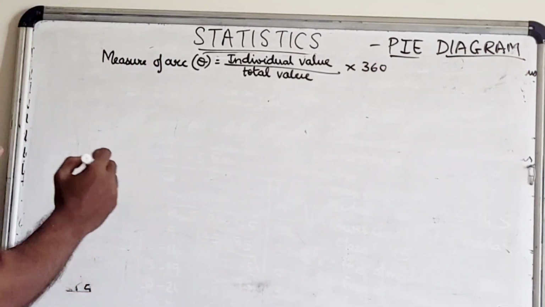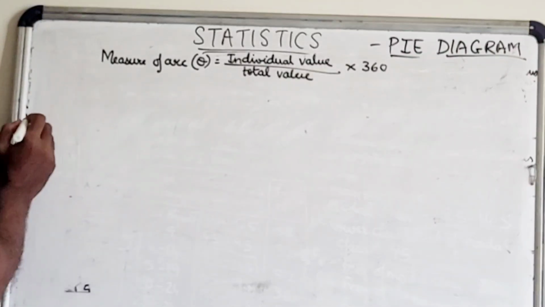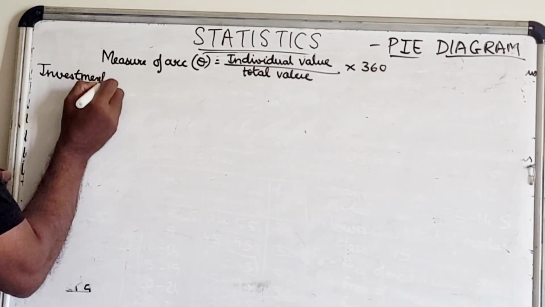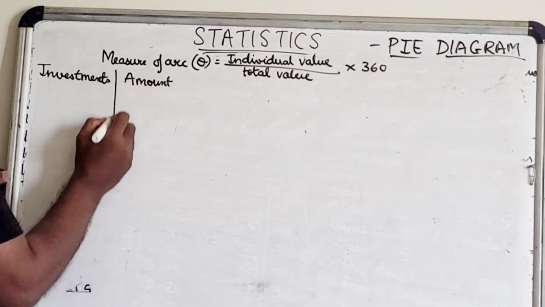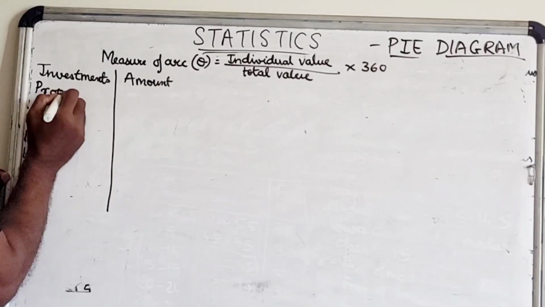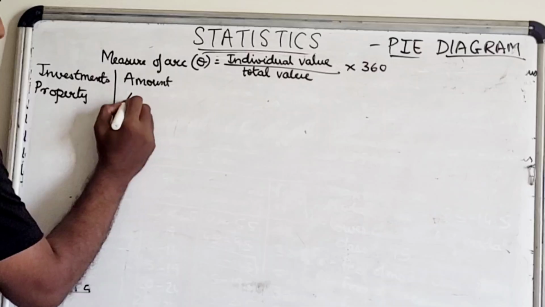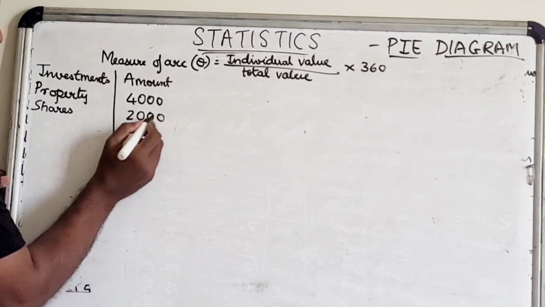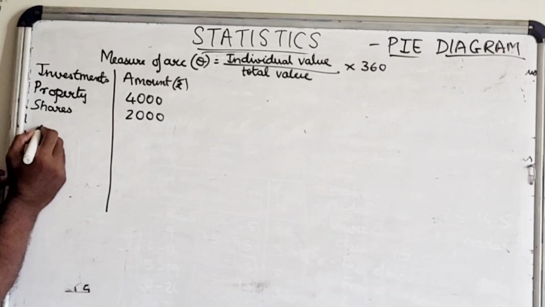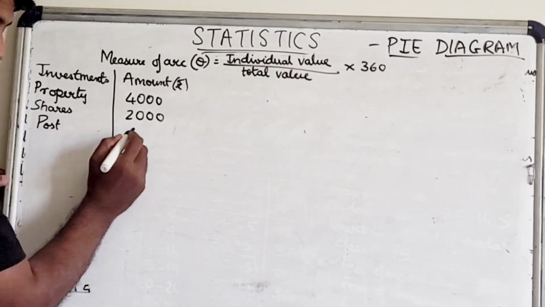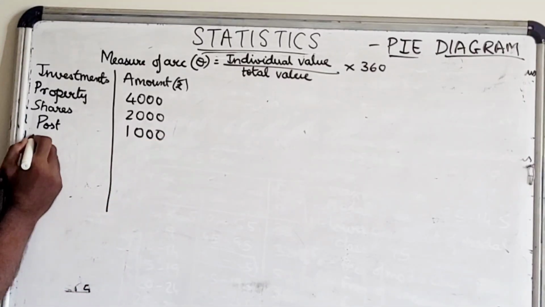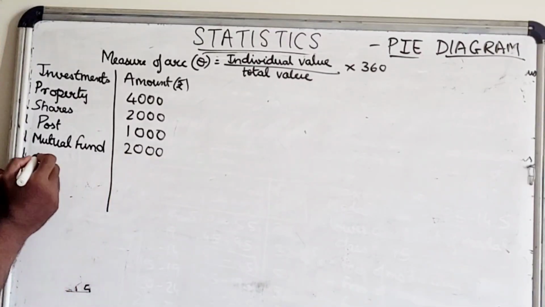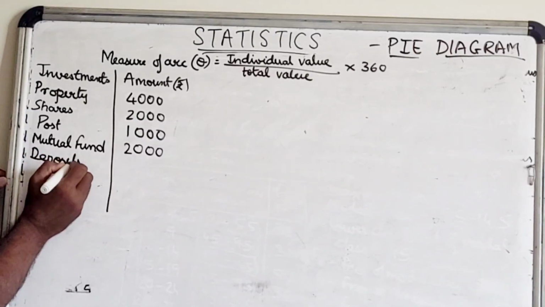Suppose the investments made, the amount in property is 4,000, in shares 2,000, in post 1,000, in mutual fund 2,000, and deposits 3,000.